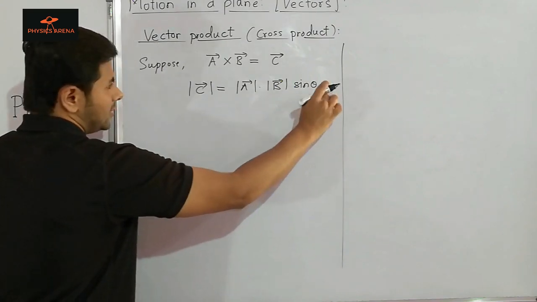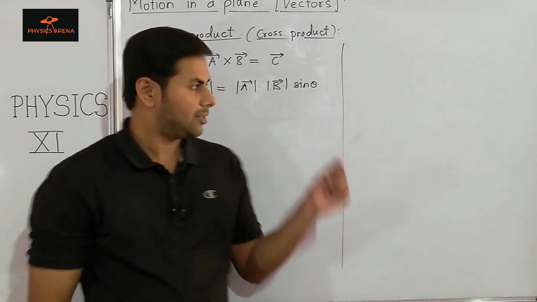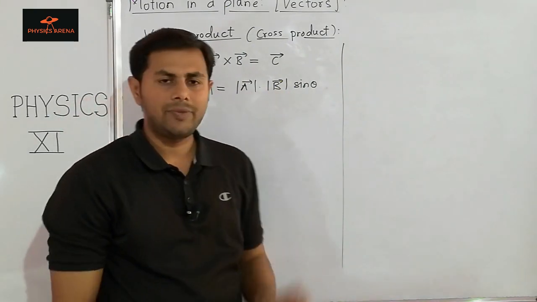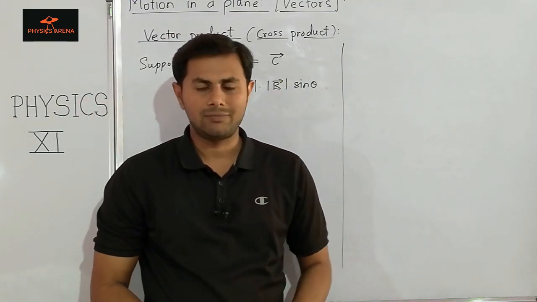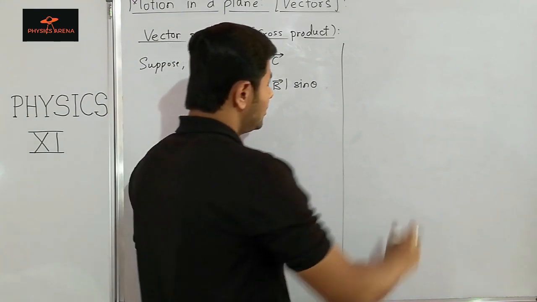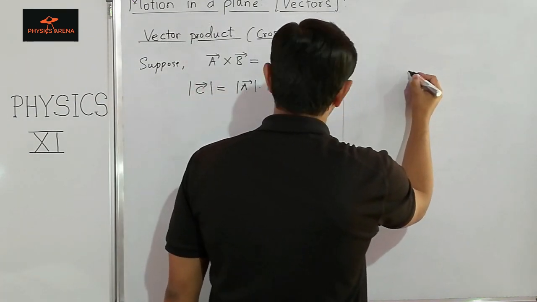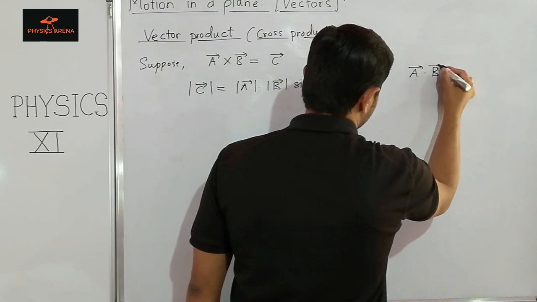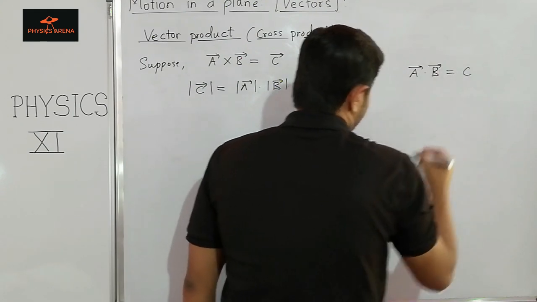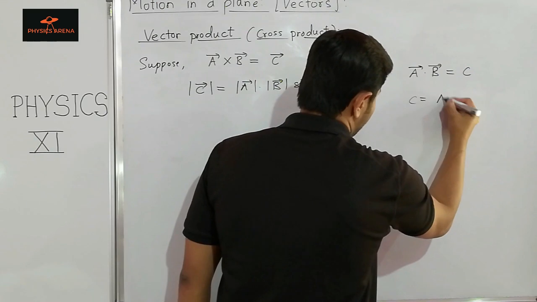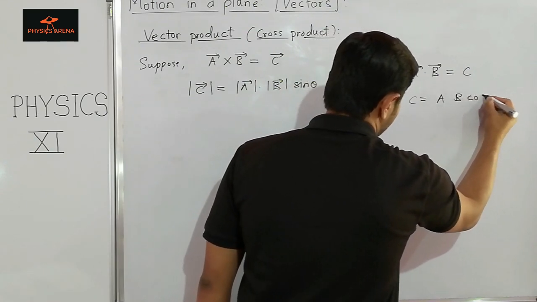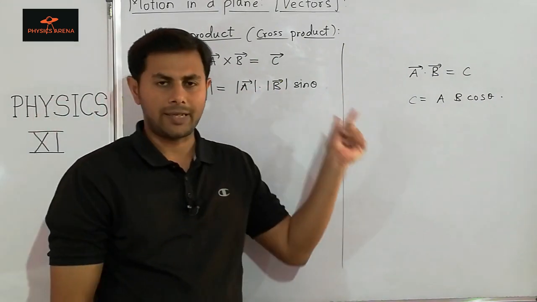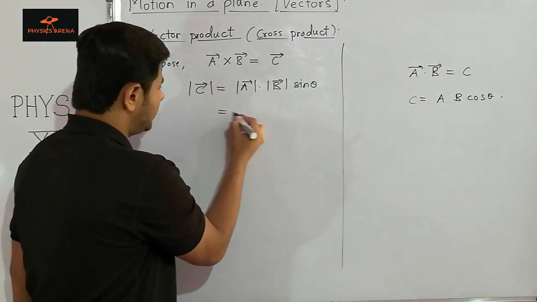So suppose the angle is theta, so magnitude of c bar is magnitude of A into magnitude of B multiplied by sine of the angle between two vectors. We know that for scalar product, if a bar dot b bar is C, then C is equal to AB cos theta. In this case, it is AB sin theta. That's the difference.